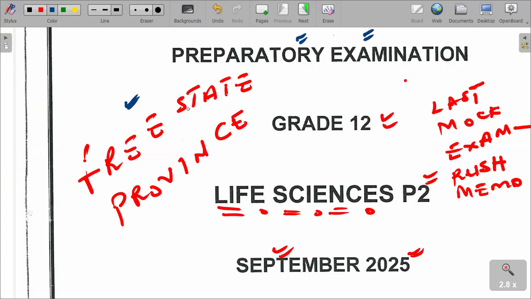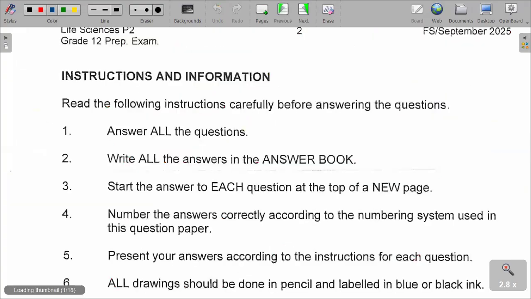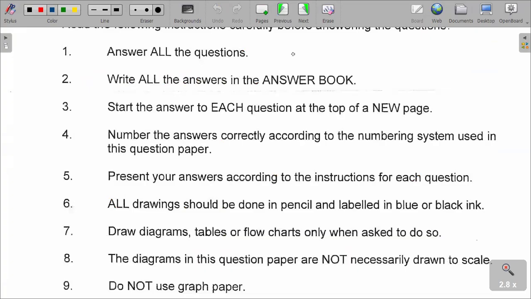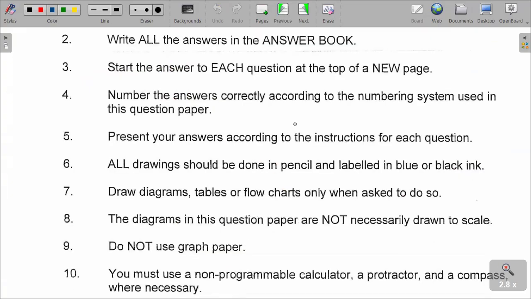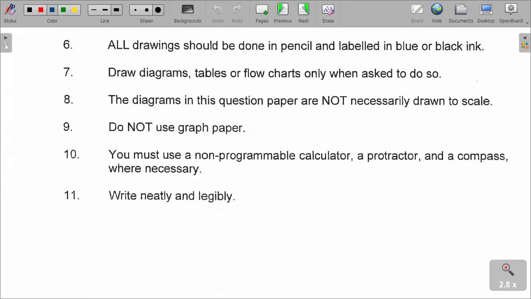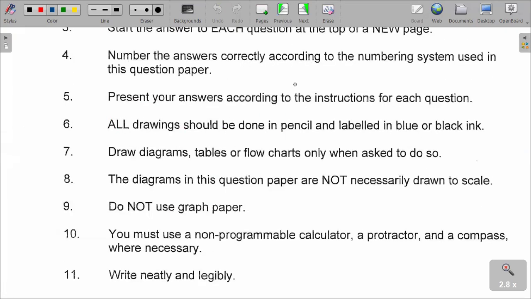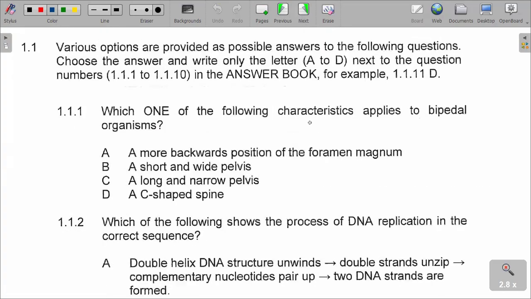I said it's Free State Province. We are going to check it very fast together right now. And as you can see, instructions. I said every time when you do exams, you always have to read the instructions. I'm not going to go through them. I'm sure that in Grade 12 you are quite aware that instructions are very important. You follow them per question.